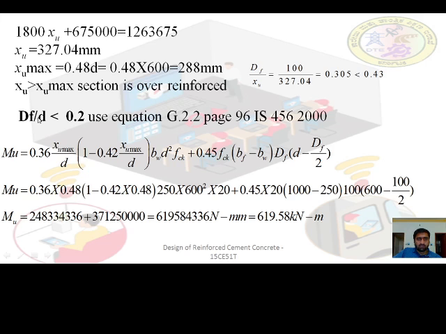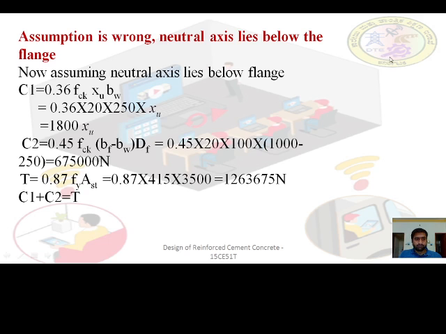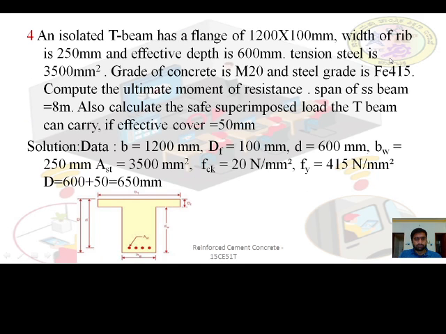So DF by d value. What is the depth of the flange? 100 mm. So 100 mm divided by d. What is the d value? The D value is 600 mm.